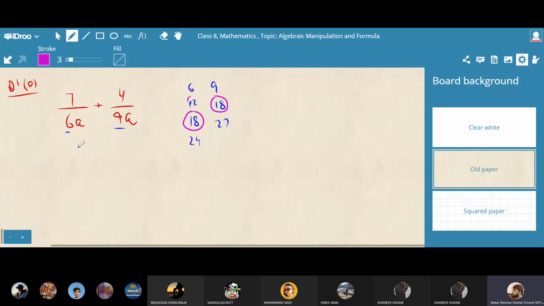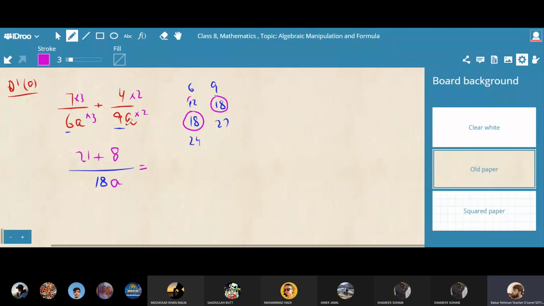Now I can write 18 as the LCM, and I multiply the first fraction by 3 to get 18, and the second by 2. So 7 times 3 plus 4 times 2 is 29. Now the LCM has a as well.